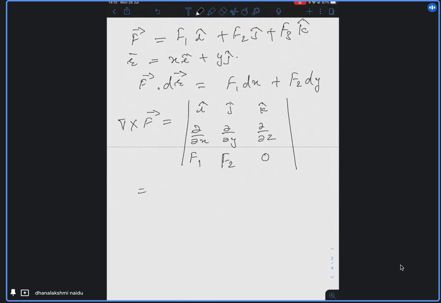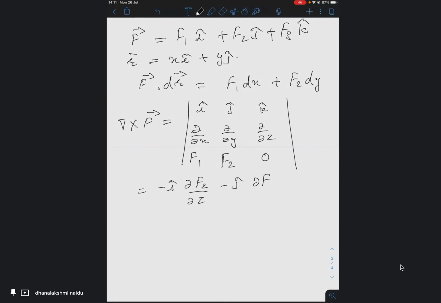So if you calculate this and simplify it, what are you going to get with I cap? With I cap, you will get minus dou F2 by dou Z. Then with J, what will you get?